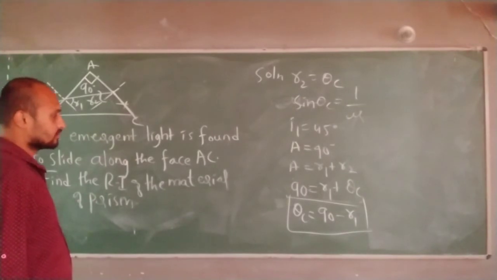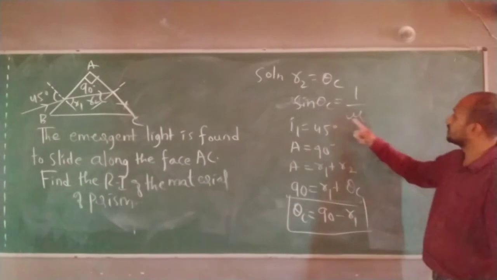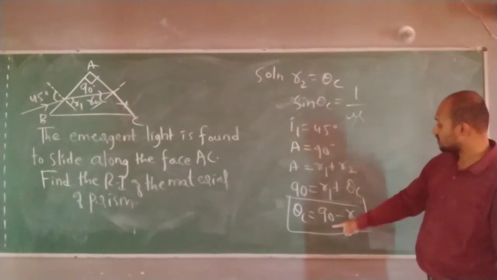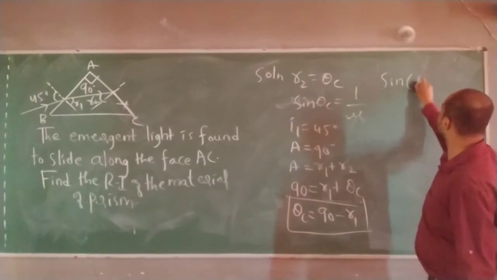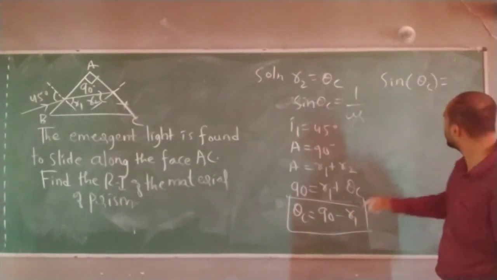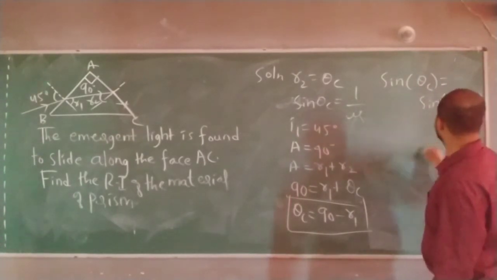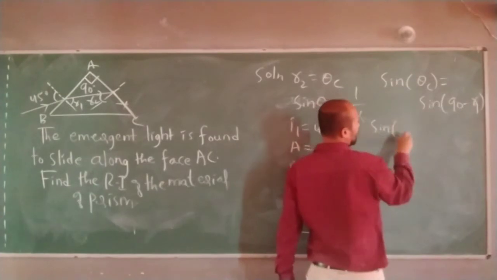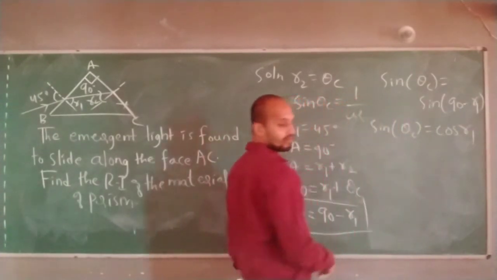Okay, got it? From this equation, what I need to find? Sin theta C is equal to sin of 90 minus r1, which will become cos r1. I don't know r1 again.